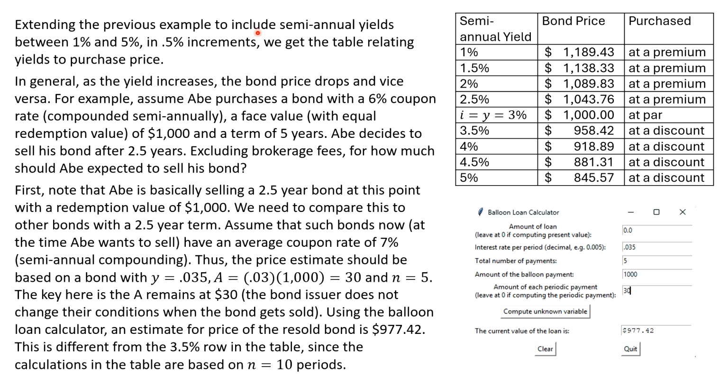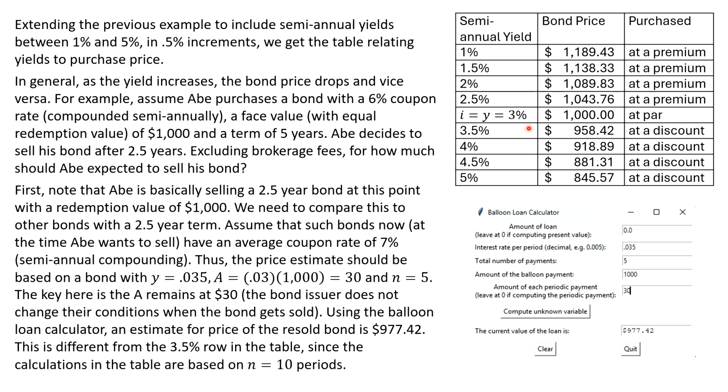Extending the previous example, I have this chart here where we have several yields and the associated bond price. You notice that the bond price goes down as the yield goes up. That's typical. You have this inverse relationship. The idea is that you're holding a bond that pays out $1,000 at the end with this 3% semi-annual interest.